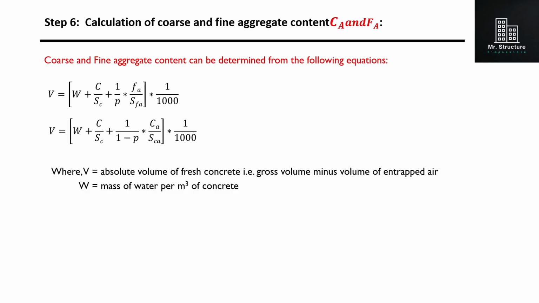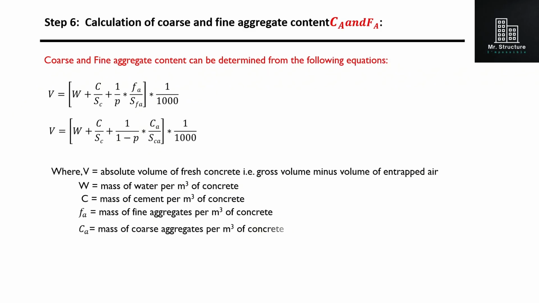W is the water content or the mass of water per 1 meter cube of concrete. C is the cement content or the mass of cement per meter cube of concrete. Fa is the fine aggregate content. Ca is the coarse aggregate content. Sc is the specific gravity of cement.